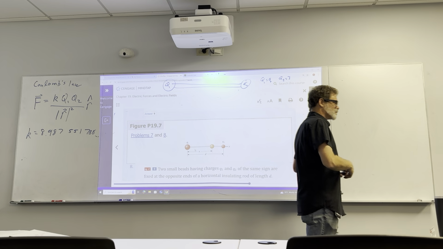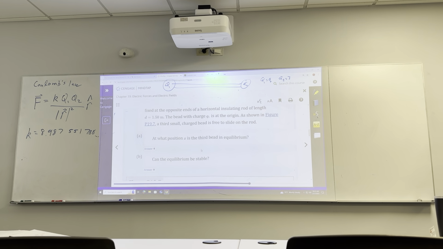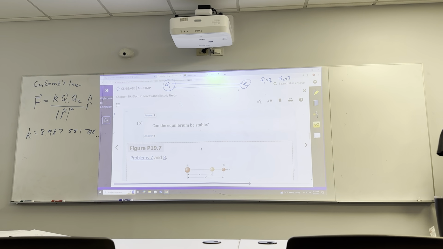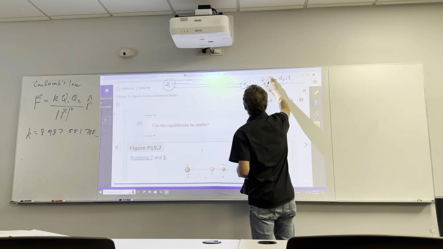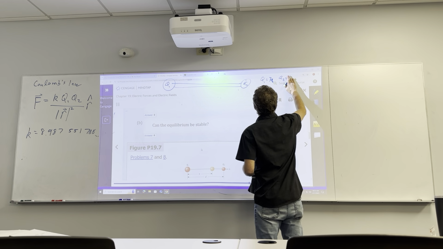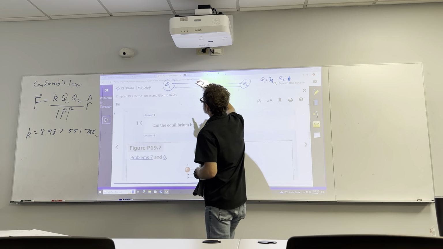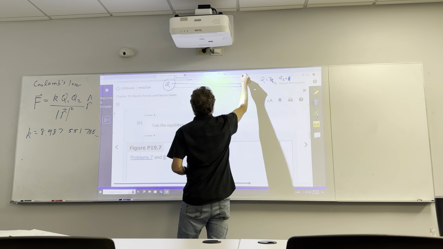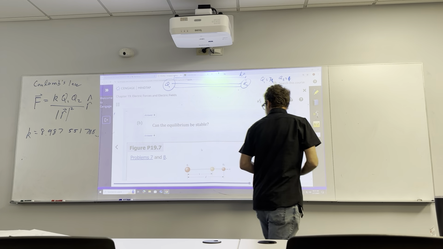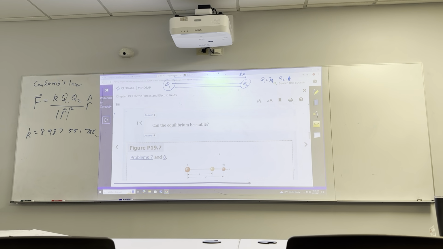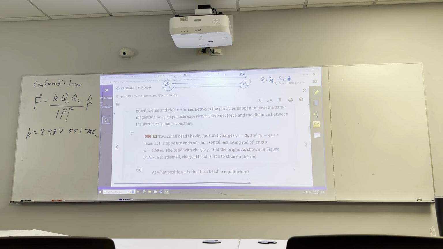Which one's Q and which is 3Q? You're right, Q1 is 3Q. Q2 is Q. They're both positive. The distance between them, L, is 1.5 meters.